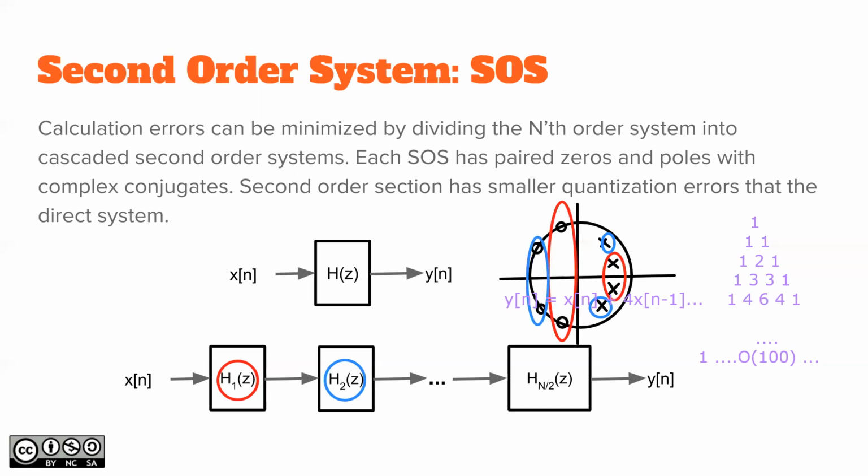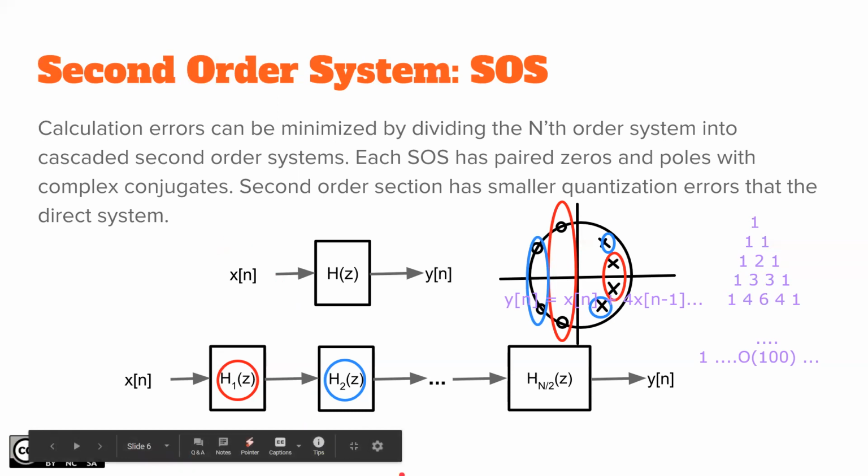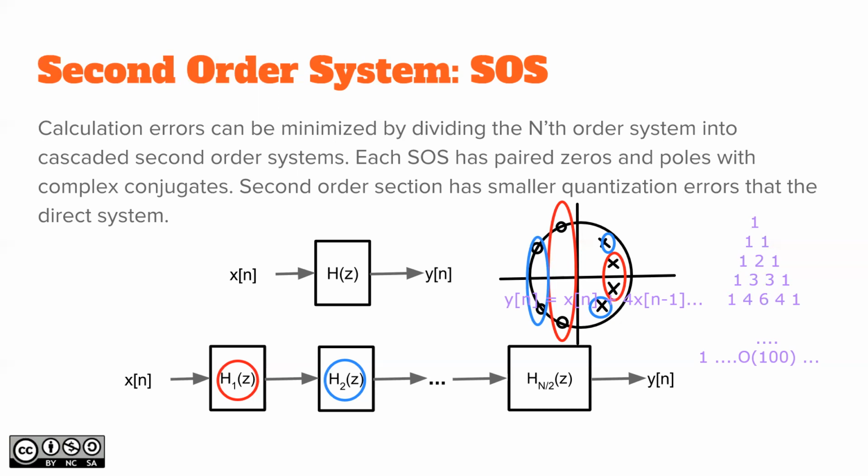In IIR systems, the situation is actually even more dangerous, since by rounding errors you can start moving the poles outside of the unit circle, which means the system becomes unstable, meaning unusable.